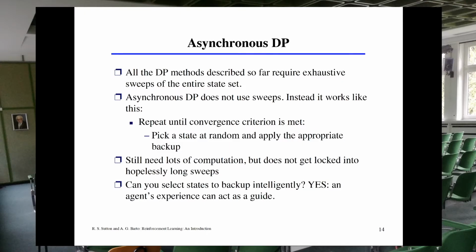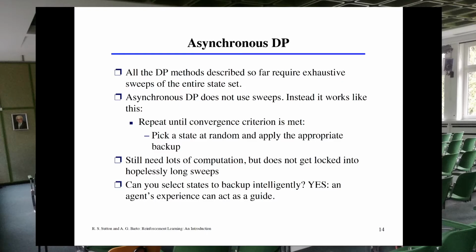If you have a very large MDP, with very many states, you don't want to run these complete sweeps because it will take a lot of time, so you just update the values for a subset of states. Now the question: can you select states to back up intelligently? The answer is yes. And the way you update these states can give you information that could help you better select them.